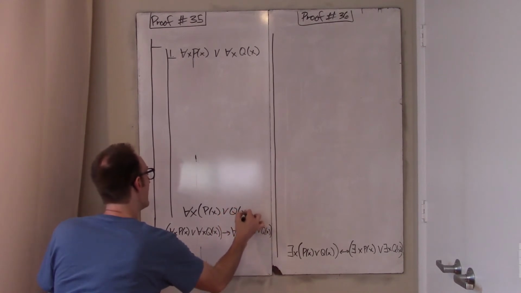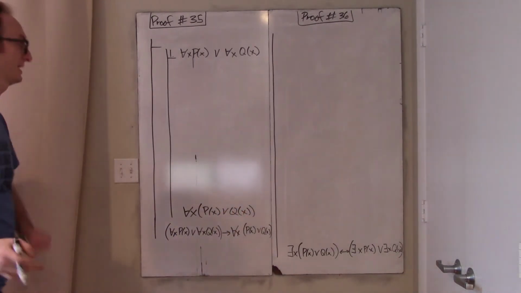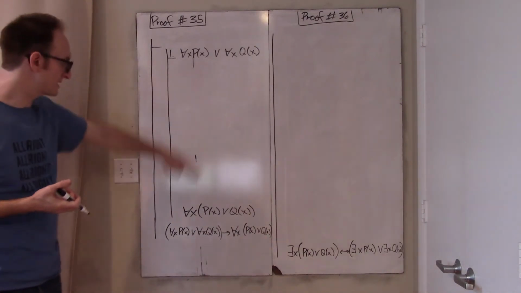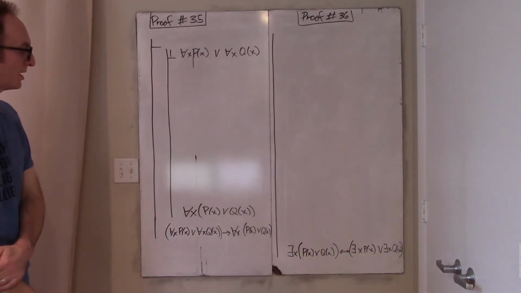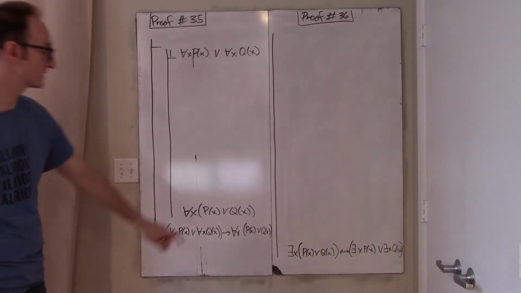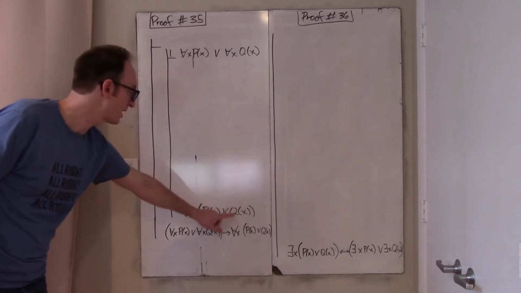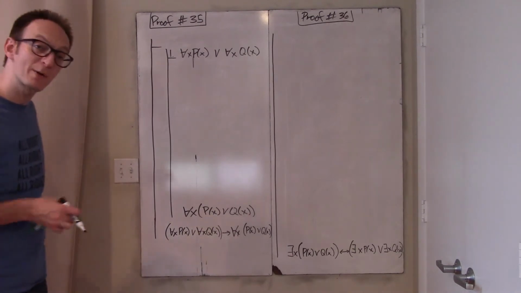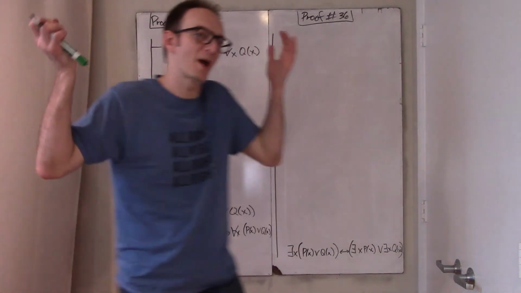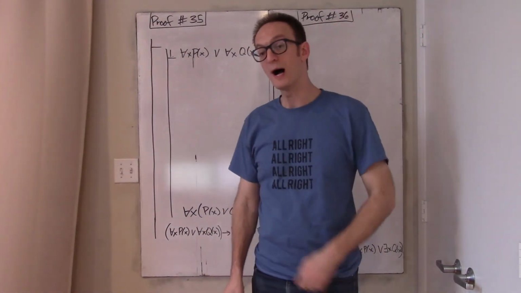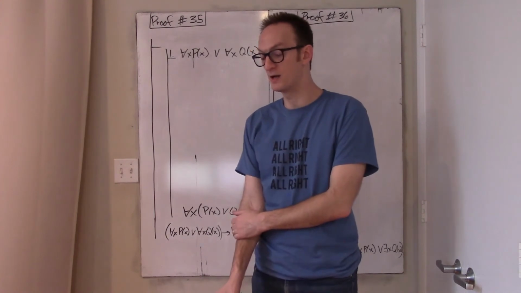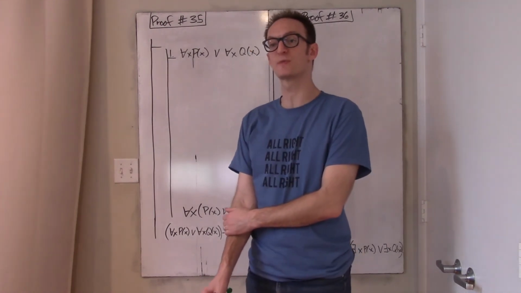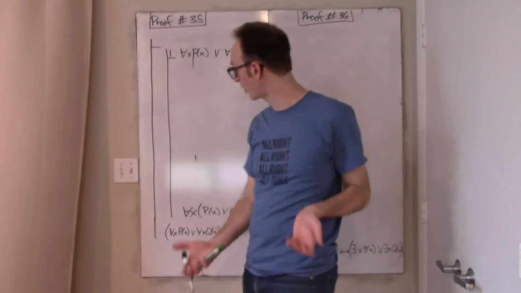So how can I do this? I've assumed this and I need to get here. Keeping myself focused on the thing I'm trying to prove, I need to prove a universal. How do I prove a universal? There's just one way to prove a universal: you pick an arbitrary object from the domain of discourse and you reason about that arbitrary object.